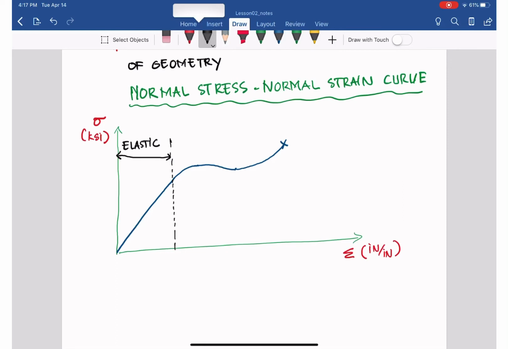After that, we call it plastic, or we can say inelastic.